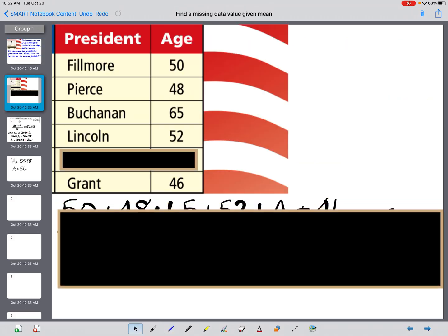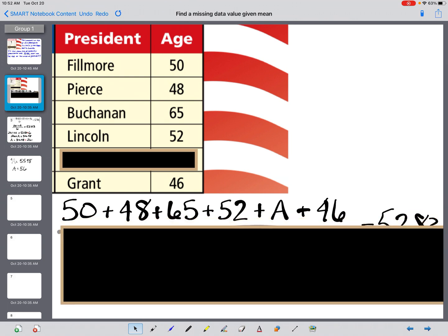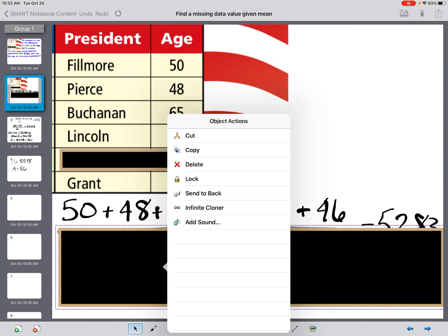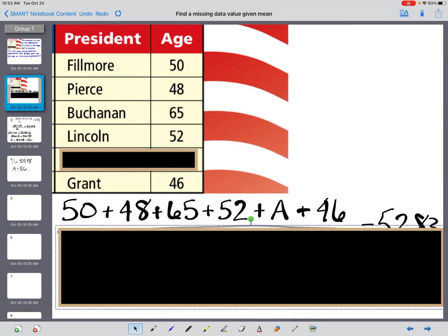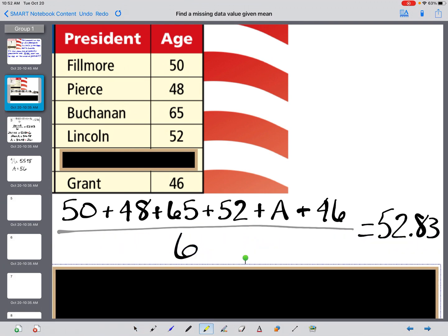Well, the first step would be to set up an equation where we're adding up all of the values of these ages. And not only that, but we're going to include a variable for the missing president. So you can see here we have Fillmore, age 50, Pierce at 48, Buchanan.